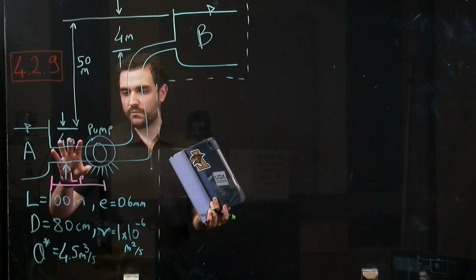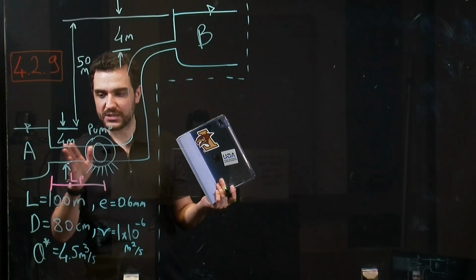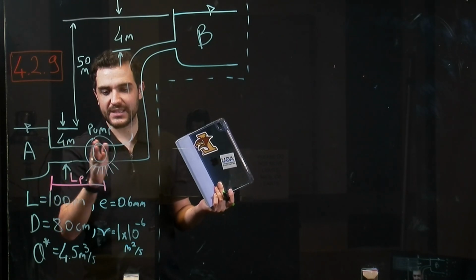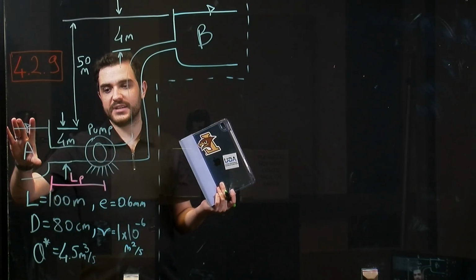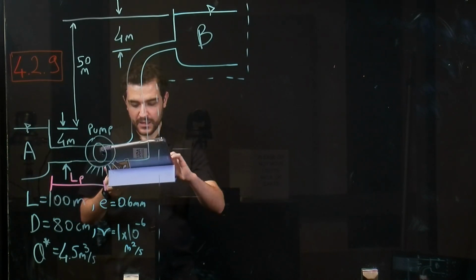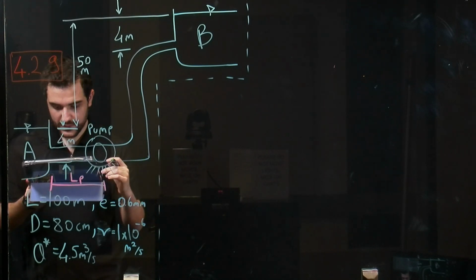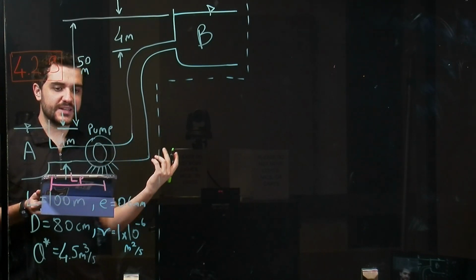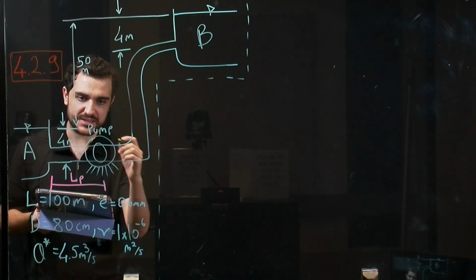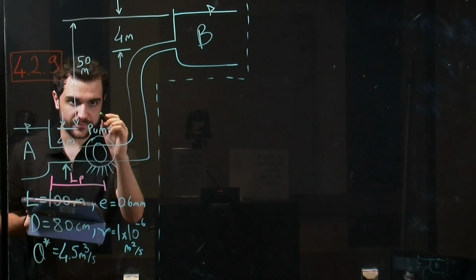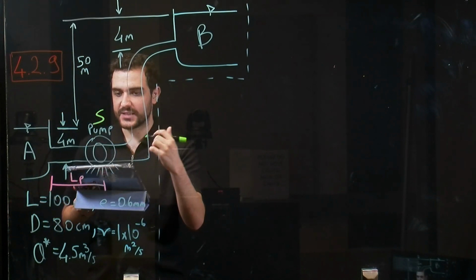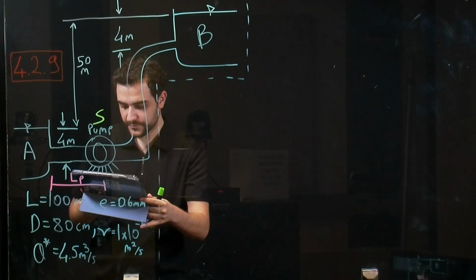Since we need to find the point between this reservoir A and pump, we are going to write energy equation between these points so that we can define a point, which is point S here, which represents the suction side of this pump.